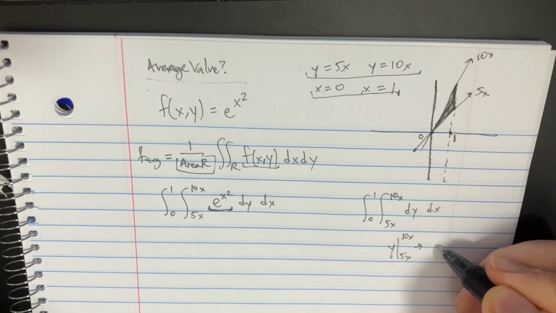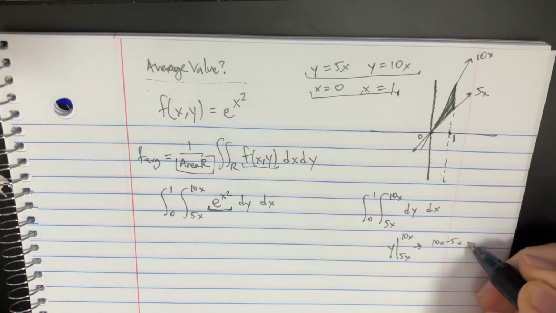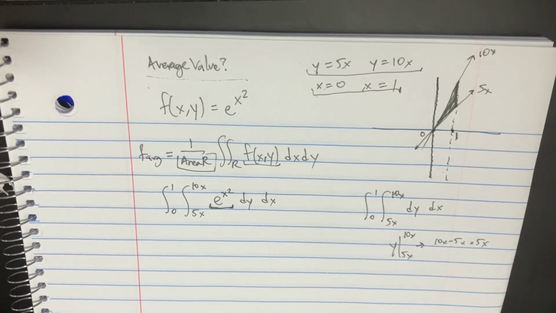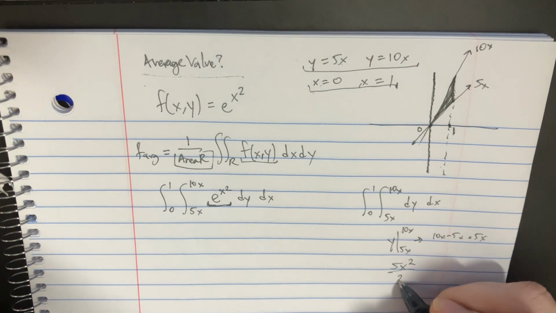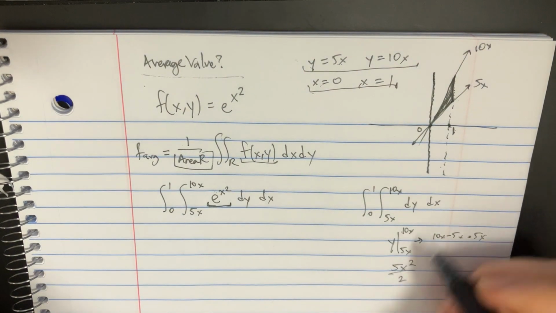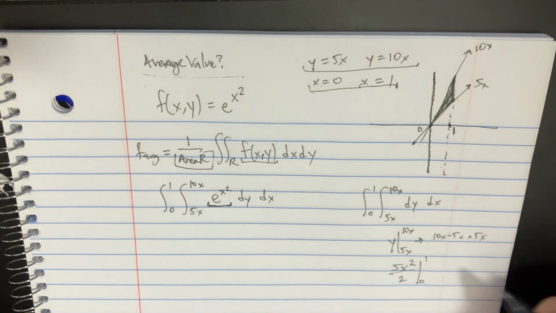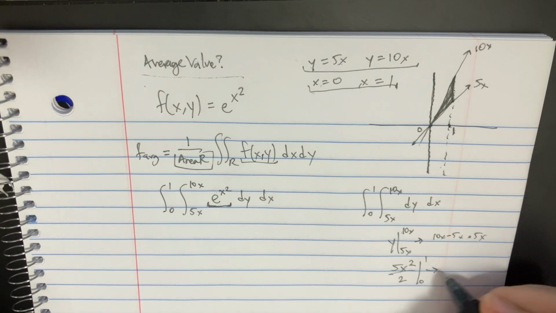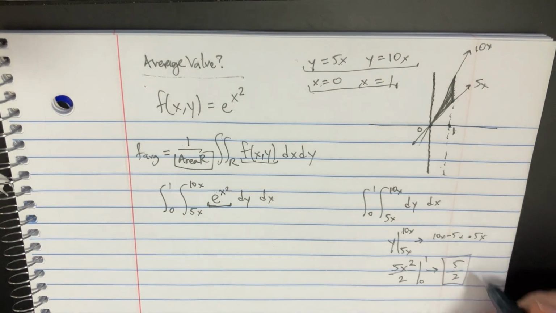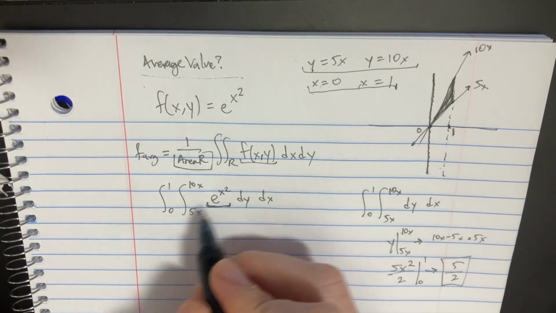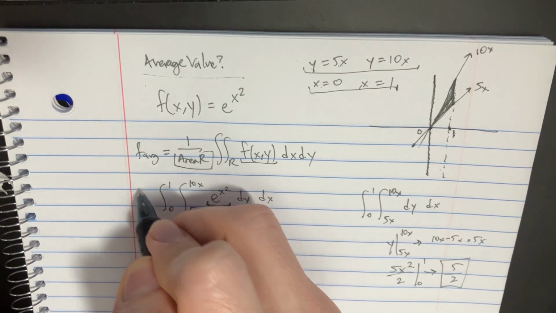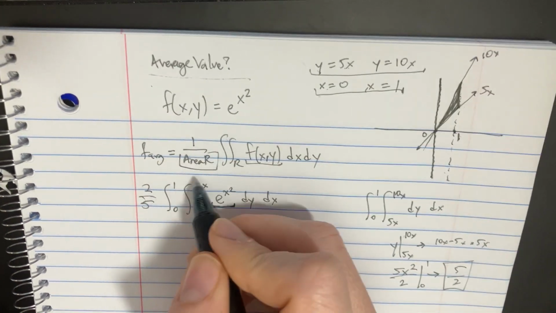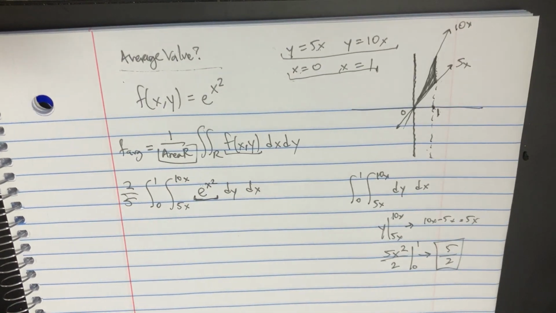That's going to become 10x minus 5x, which equals 5x. And then we're going to integrate that over x from 0 to 1. And we're basically just going to get 5 over 2 is the area. So we're going to take the reciprocal. We're going to multiply by 2 over 5 over here, so that way we divide by that area.